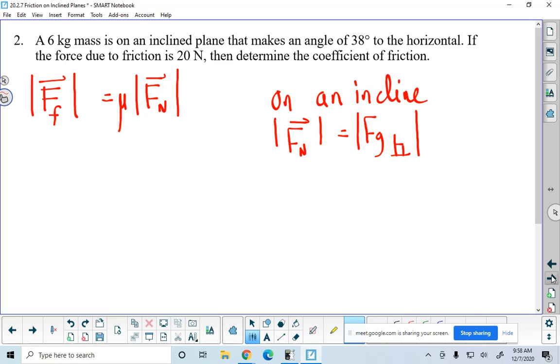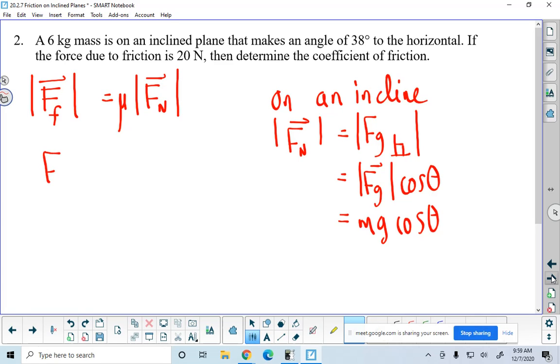And again, where you put that perpendicular sign is up to you, which is the force of gravity times the cosine of theta, which is mg cos theta, and then you put it in. You go F_f equals mu mg cos theta.